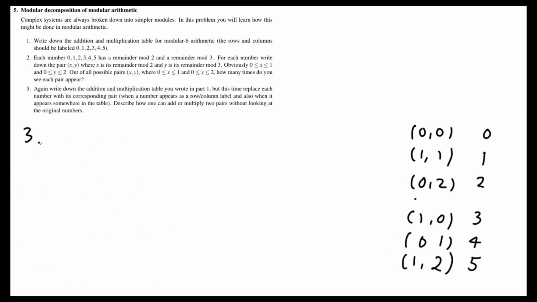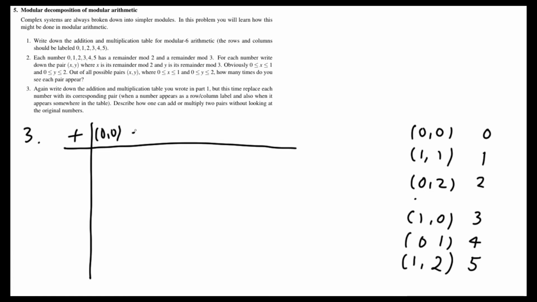While solving part 3, which says to again write down each table, we start off with the addition table. And instead of adding 0, 1, or 2, etc., we are adding pairs actually. So we have 0, 0, 1, 1, 0, 2, 1, 0, 0, 1, and 1, 2.